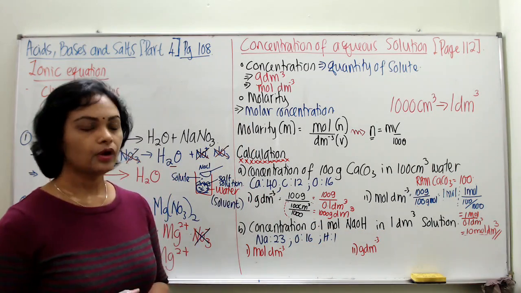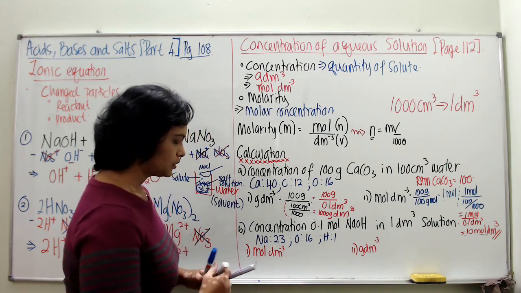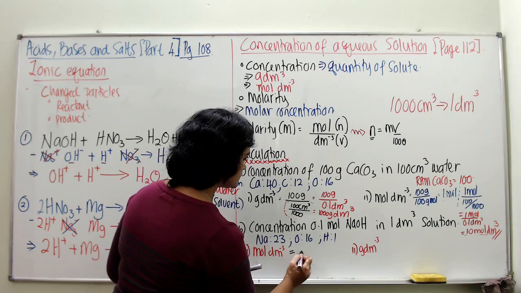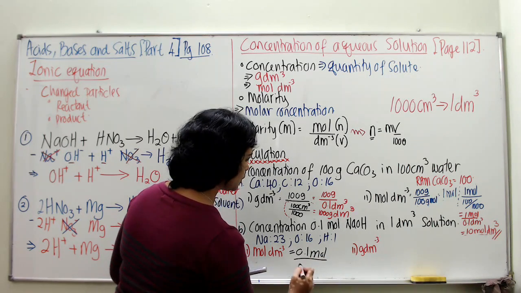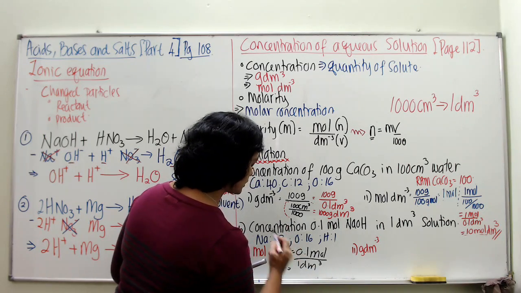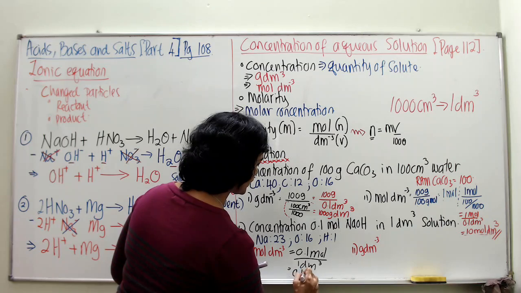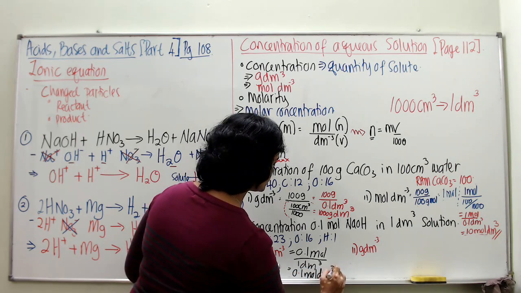Alright, so this is very easy because mole is given. So all you have to do is 0.1 mole divided with 1 dm cube. So the concentration is 0.1 mole dm cube. So this is how you do.